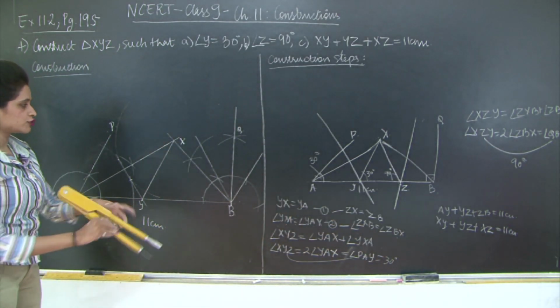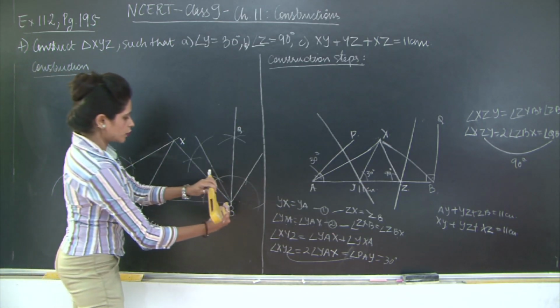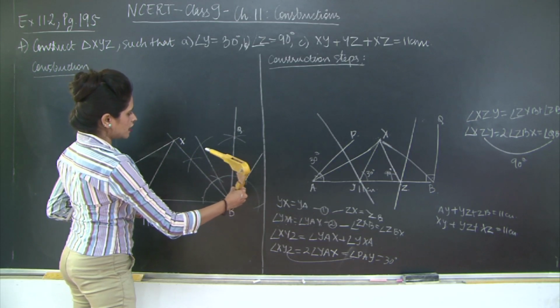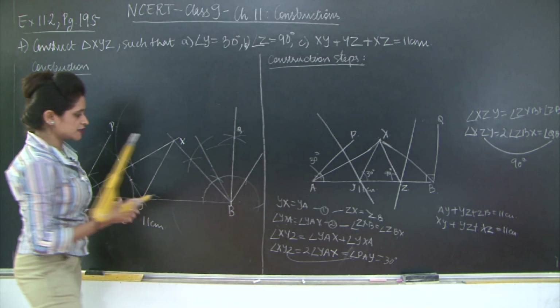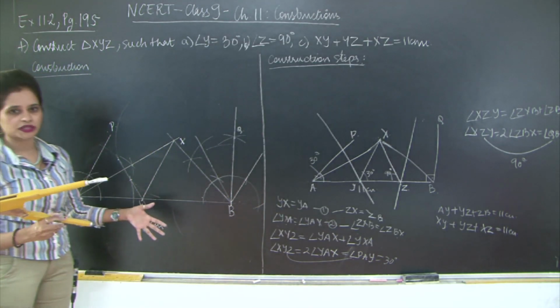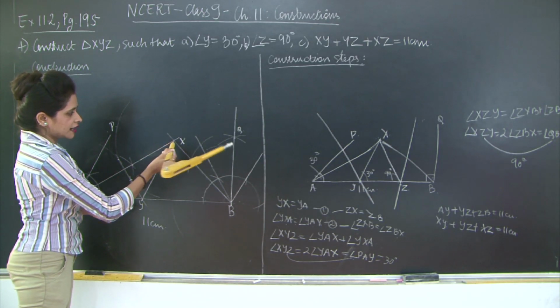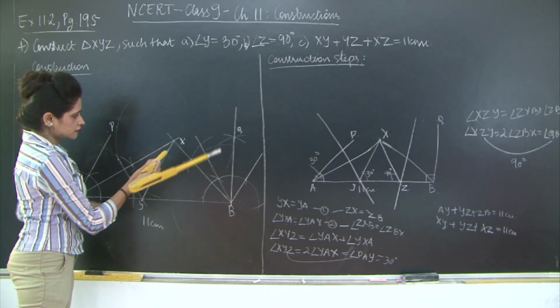I am going to draw the perpendicular bisector of XB. So with more than half the length of XB, you're going to cut an arc. Please make a point to do this construction as I do, because if you do it without me, then you're definitely going to miss out, because it kind of gets cluttered with so many arcs.